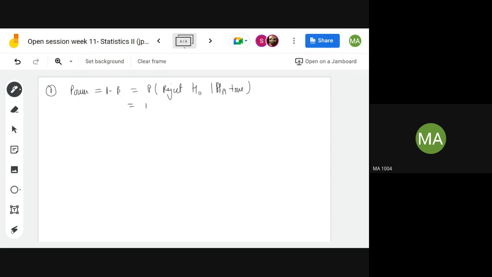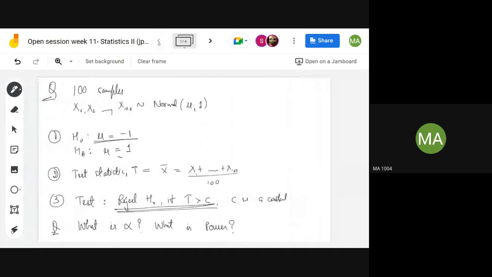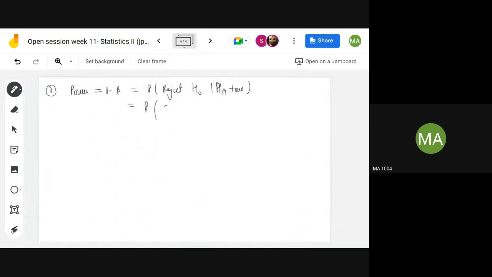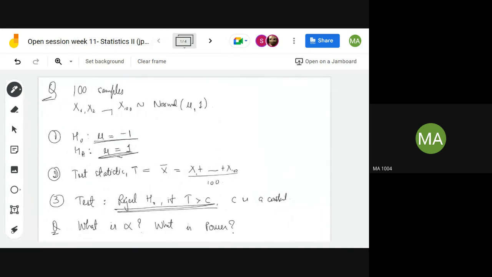We were rejecting H0 when T is greater than C. T was X bar, so X bar greater than C given HA is true. So what was HA? HA is mu equal to 1.